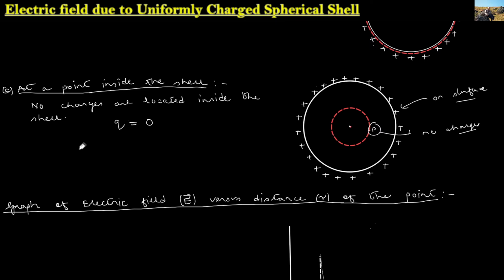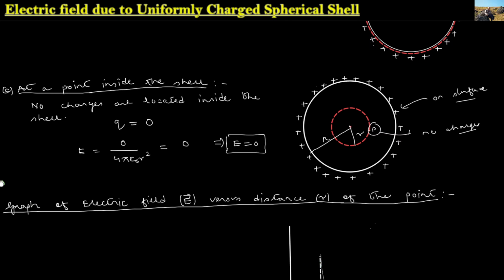If you put that in the equation, if there is no charge, there will be no electric field. So here Q will be equal to 0. Then you have 4 pi epsilon naught into R square. When you solve, you will find that E will be equal to 0, which implies that the electric field inside the spherical shell will be equal to 0.